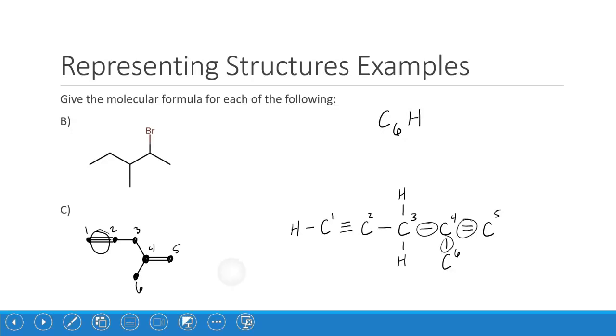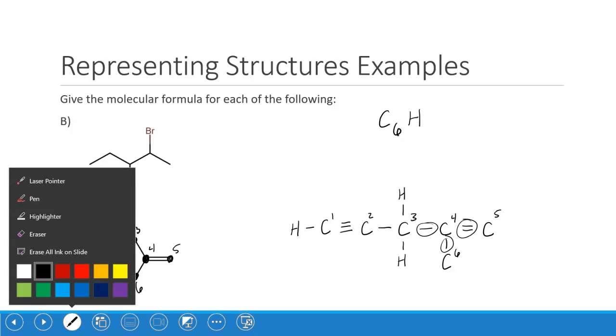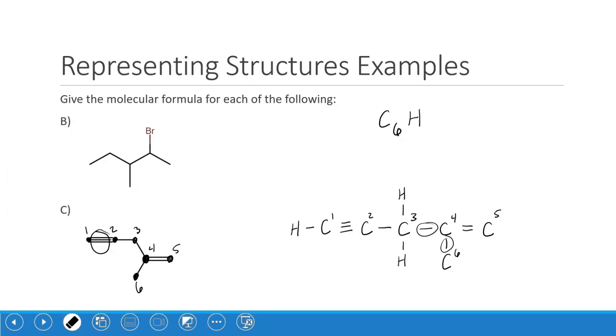Okay? So carbon number 5 has a double bond to carbon number 4. So therefore it needs 2 more bonds. It has a double bond to carbon number 4 and needs 2 more to give it a total of 4. And then carbon number 6 only has a single bond going up to carbon number 4, and therefore it needs 3 hydrogens.